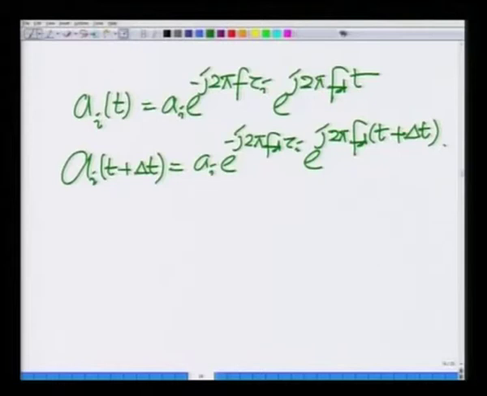What I have done here is I have written a_i(t) and a_i(t plus delta t). Now, I need to compute a_i(t) times a_i conjugate(t plus delta t) and take the expected value.